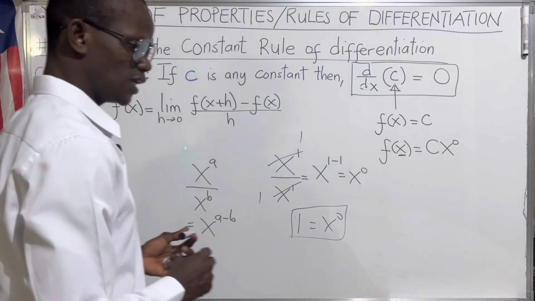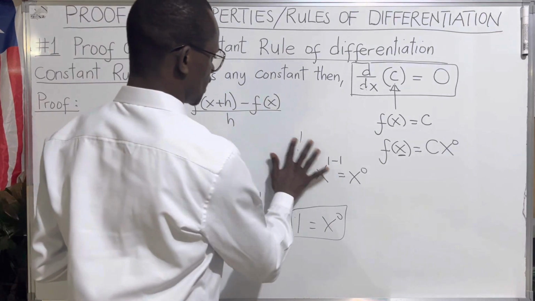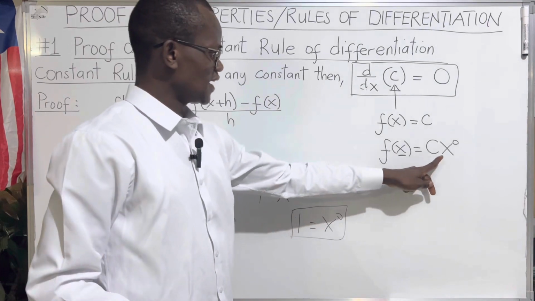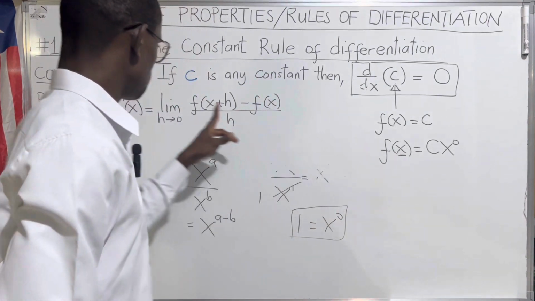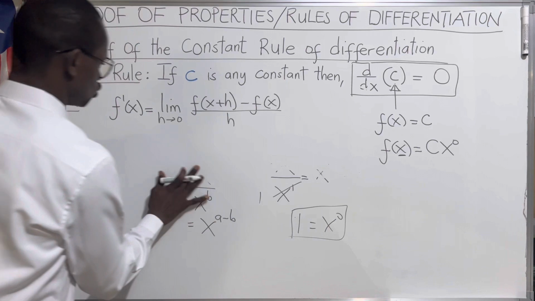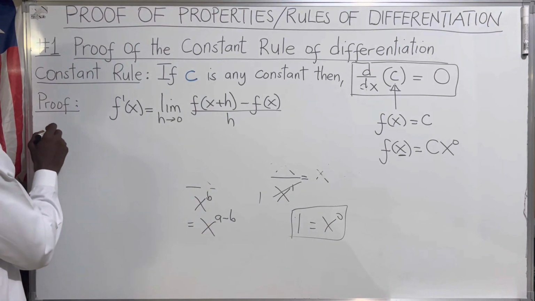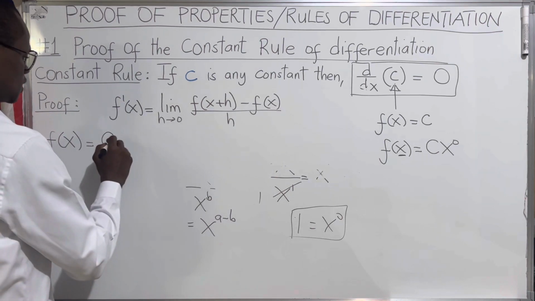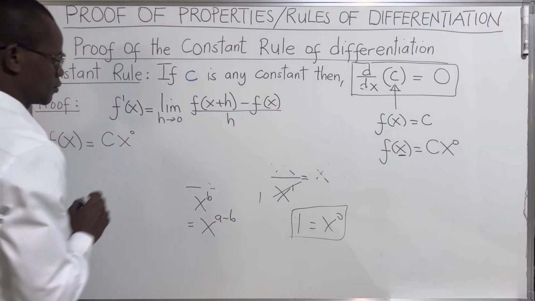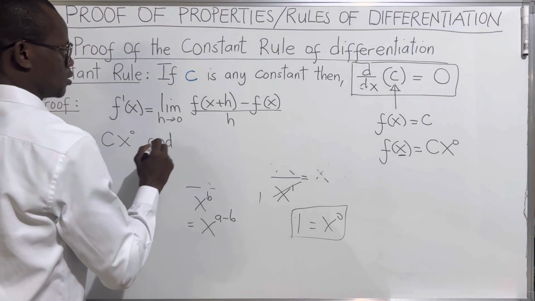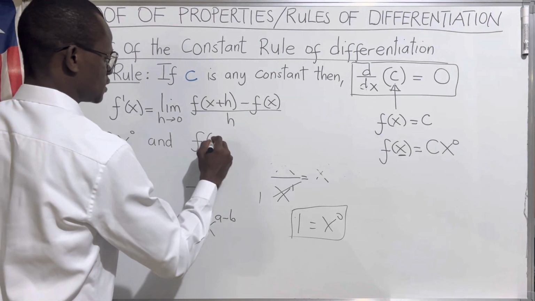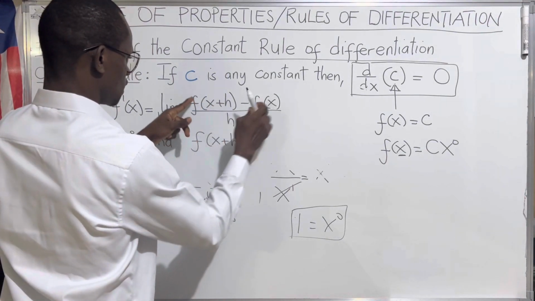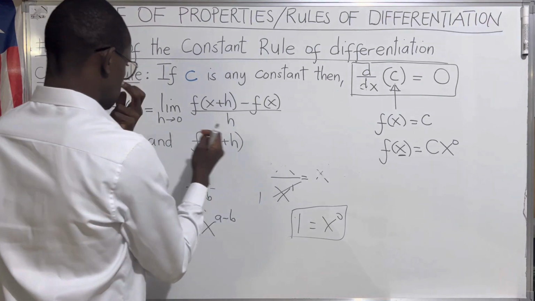In this case now, we can clearly use this function within this limit process. So what is our function? Our function is c x raised to the power 0. And what is our f of x plus h? These are the two things you need to know to replace within this function so that you can solve for the limit.